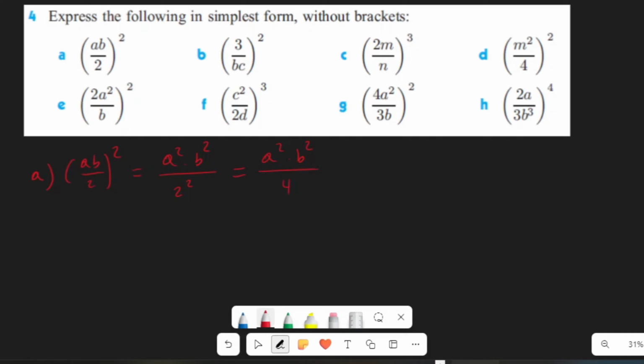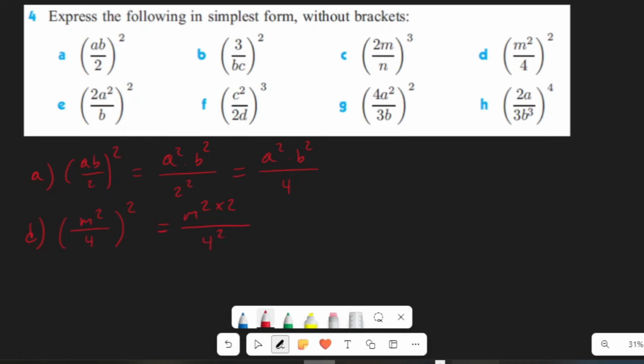Another example, which is a bit more challenging, is D, where we have m squared over 4 all to the power of 2. To expand this, we first take m to the power of 2 multiplied by 2 over 4 power of 2.